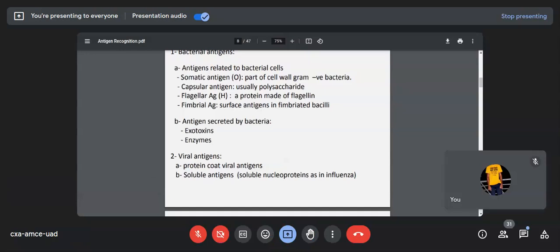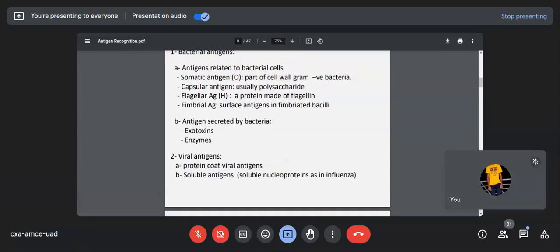Okay, so if I can recall nicely, I said exogenous antigens are antigens that come from outside the body, isn't it? Then I also said we have examples of exogenous antigens, and the first type I talked about was bacterial antigens.